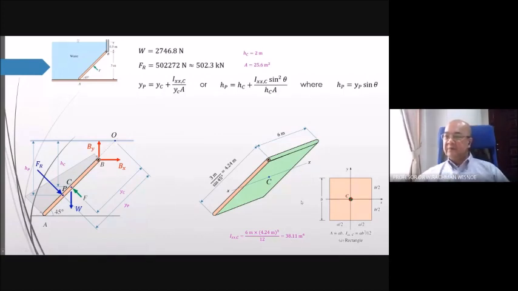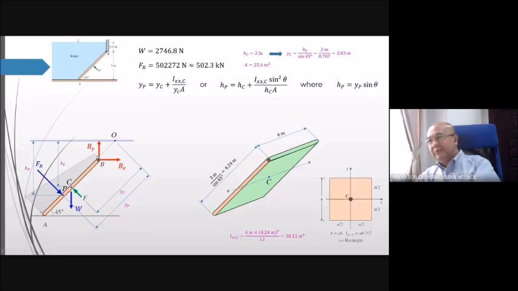To calculate YC, we know AC. AC, previously, is 2 meters. We know that AC is YC sine theta, so you can calculate YC as AC over sine theta, which is 2.83 meters. So we see this equation, we have YC, we have IXXC, we have the area.